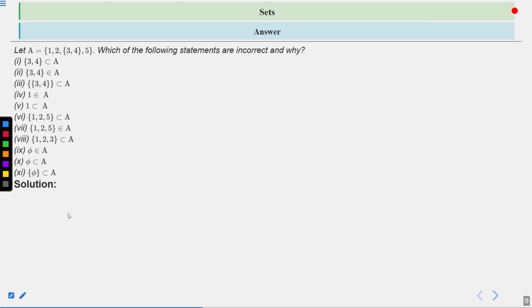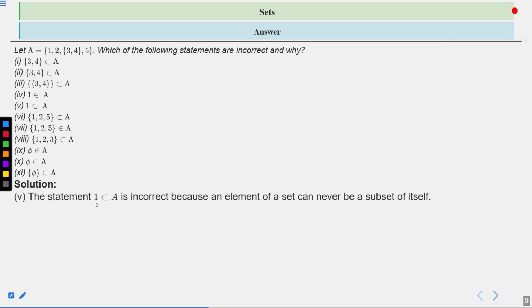For next part. Fifth, 1 contained in A, incorrect, because 1 belongs to A is not contained in A, not a subset. Simple. An element of a set can never be a subset of itself.